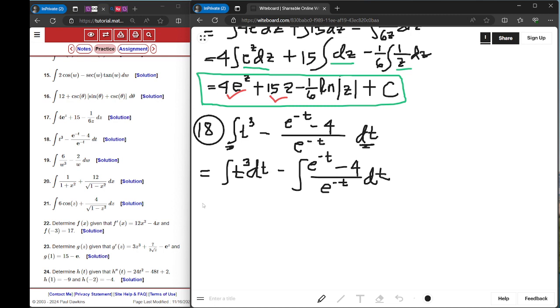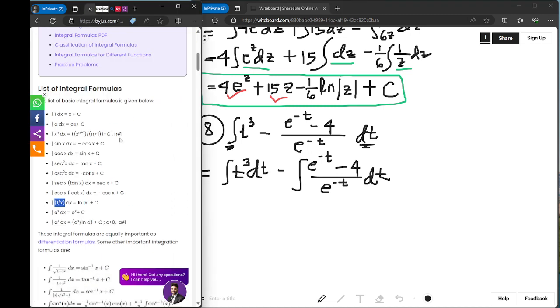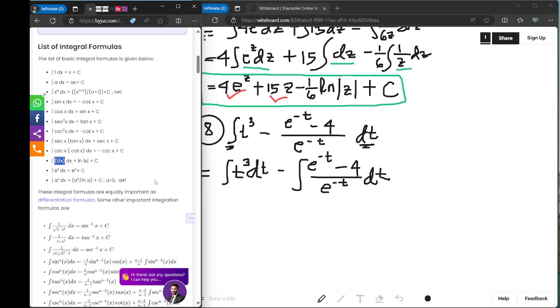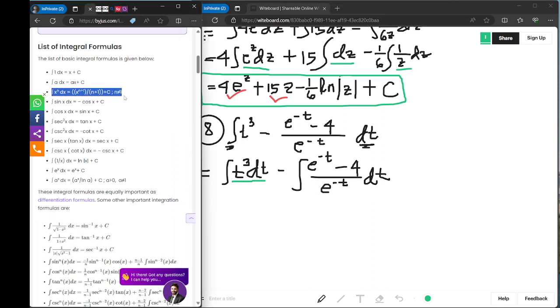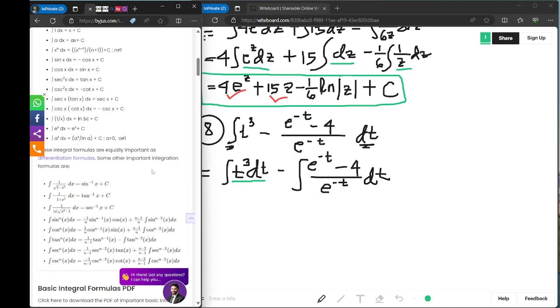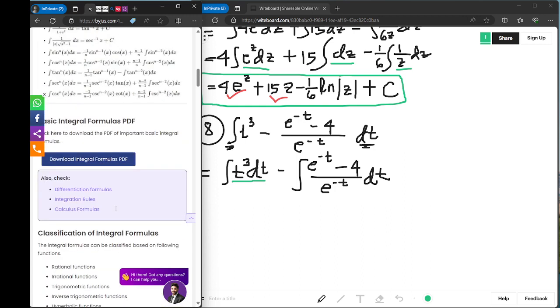So let's check first our formulas. If we can find something like this, we know we can solve directly the integral of t to the 3 or t cubed through this formula. But let's check e to the negative t minus 4 over e to the negative t. Oh, we only have this one, no other e's.